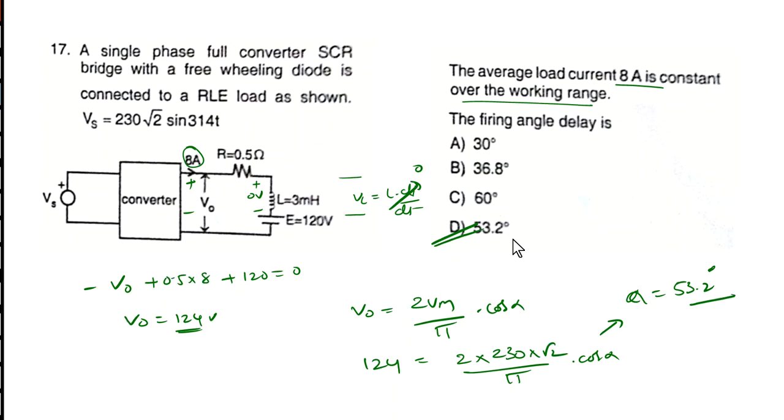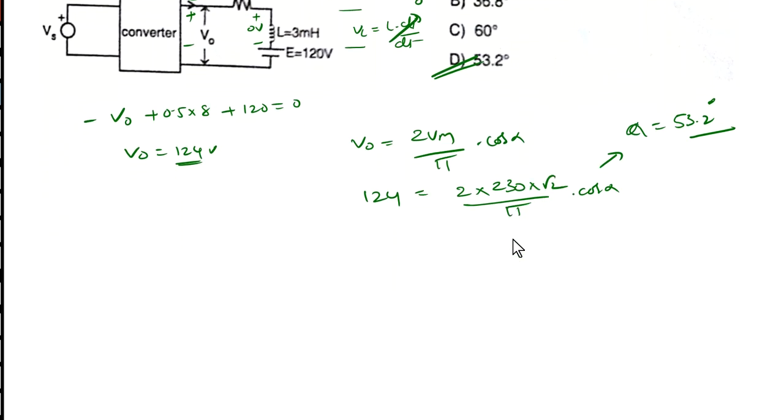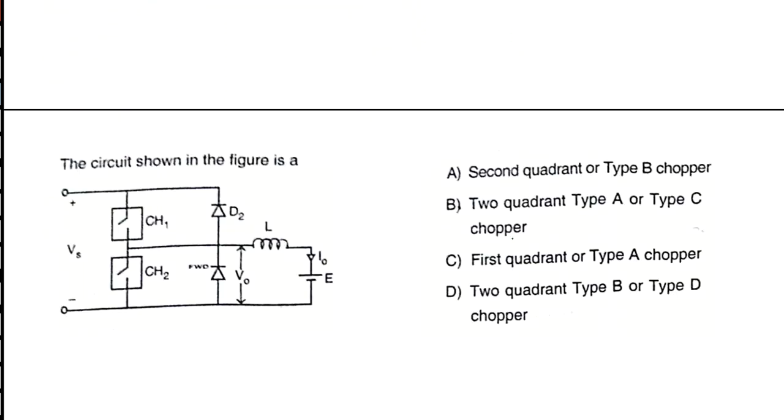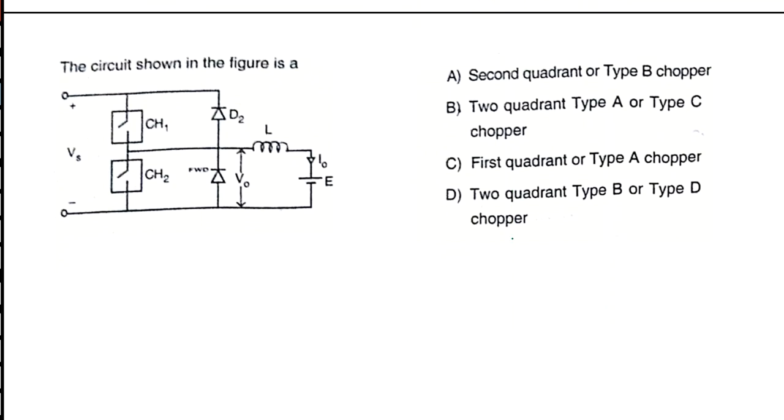Okay, and let's move to the next question here. Next question. This circuit is from the choppers. The circuit shown in the figure is a second quadrant type B chopper, 2 quadrant type A or type C chopper, first quadrant type A chopper, or 2 quadrant type B or type D chopper.